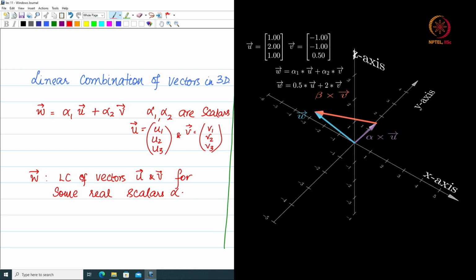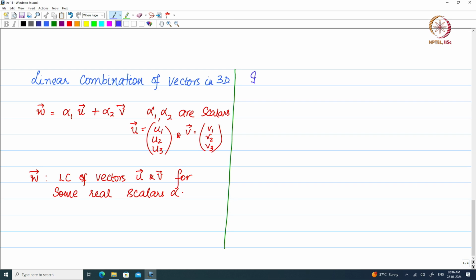The moment we define the linear combination, we get into the idea of linearly independent and linearly dependent vectors. If u and v are vectors in R3, that means there are 3 components as before.